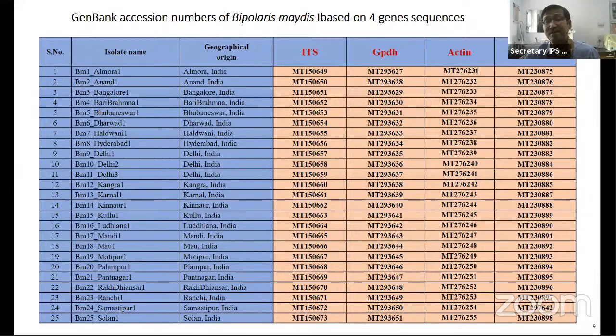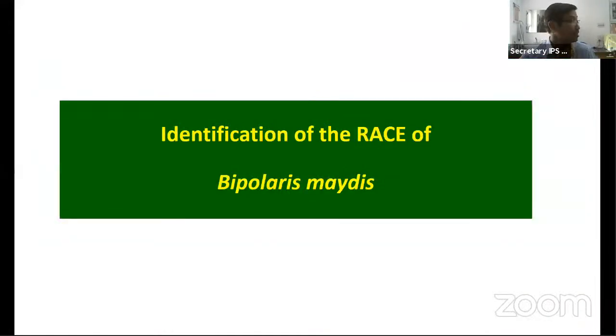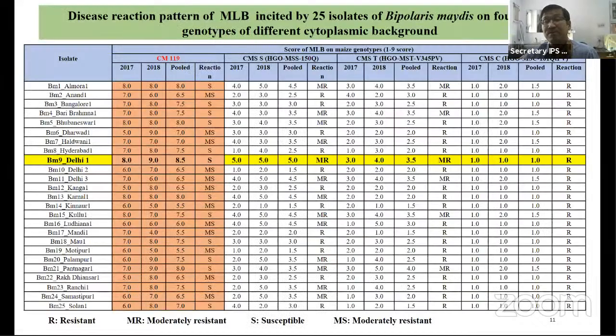Now, next part regarding the identification of the specific race. It was actually a long-time demand to know the racial profile of Bipolaris maydis under Indian conditions. So here, with the help of our maize breeders, we got very good germplasm, which are the cytoplasmic male sterile lines.